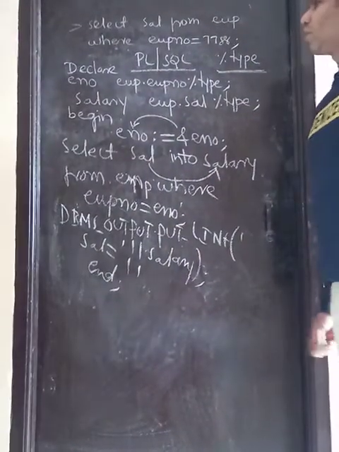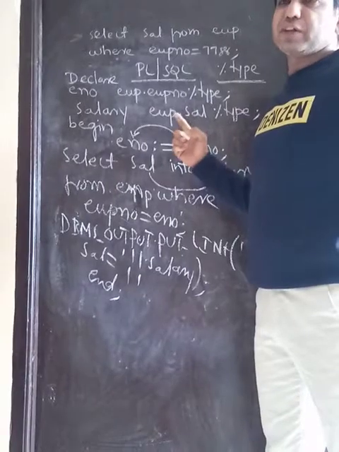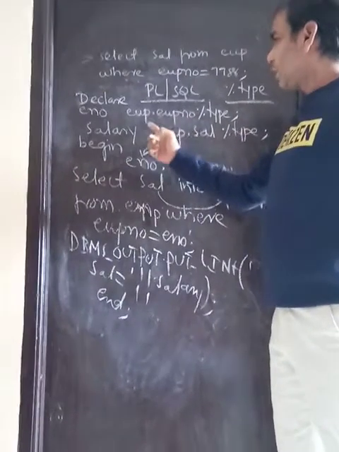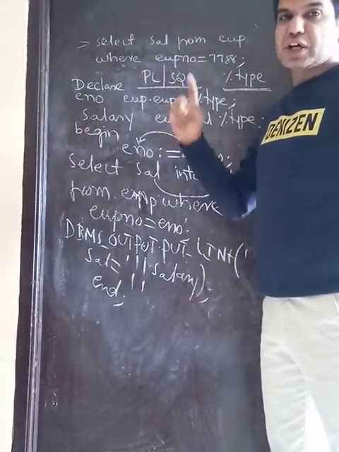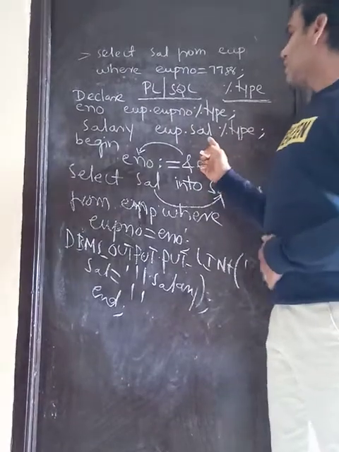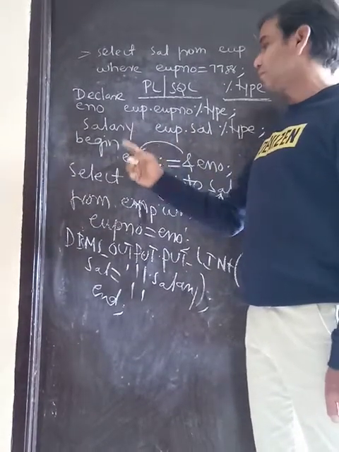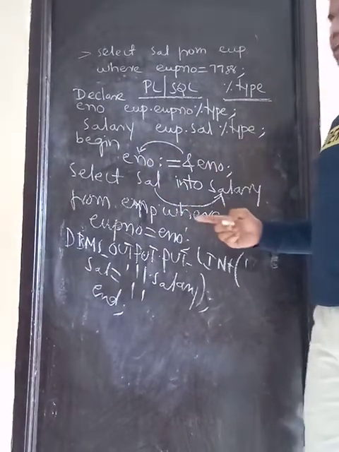Once again we will discuss. First DECLARE. %TYPE is one of the attributes which is used to access the current column structure of the employee table into E number. It copies only the structure, not the values. Then the sal column structure of the employee table is copied into salary. BEGIN. At runtime it will ask you to enter the employee number, which will be stored in E number.